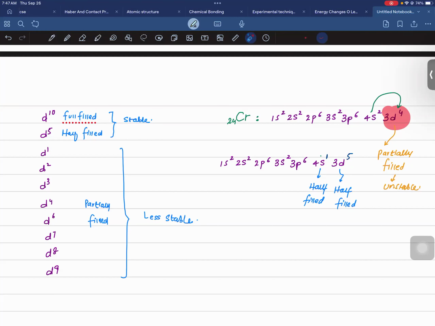Okay, so this is all about electronic configuration, right? And then we have different practice materials. I would be telling you that you must write electronic configuration for copper.